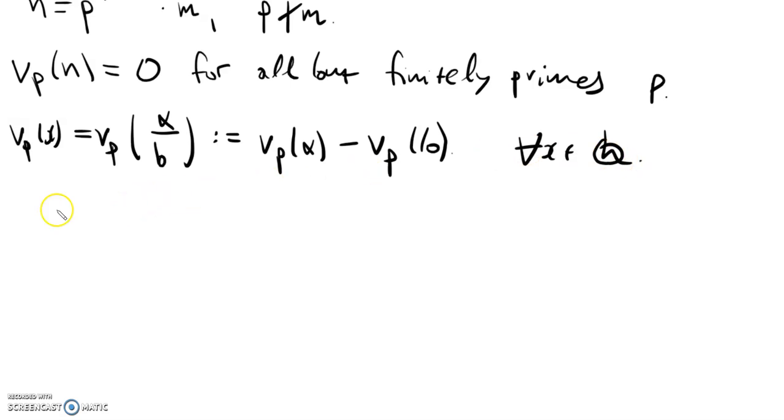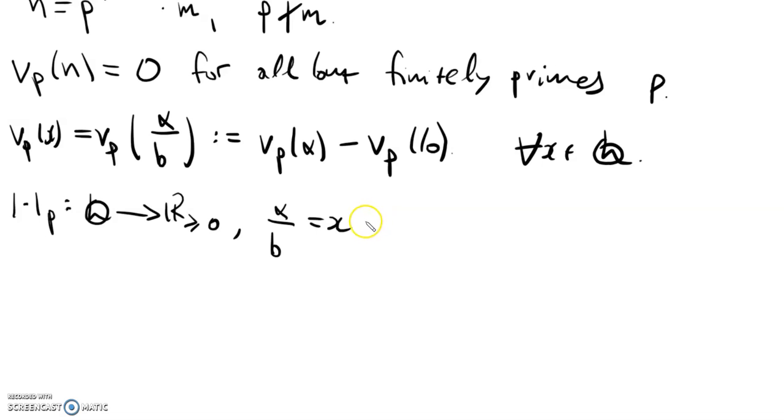One can show that this is a well-defined operation. Now the p-adic absolute value is a function from Q to the non-negative real numbers, taking x to 1 over p to the power of Vp of x.